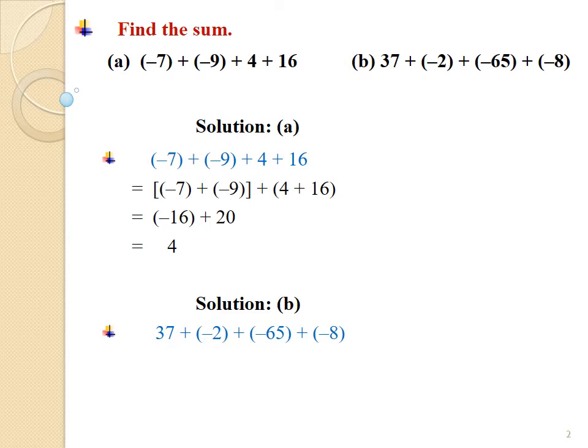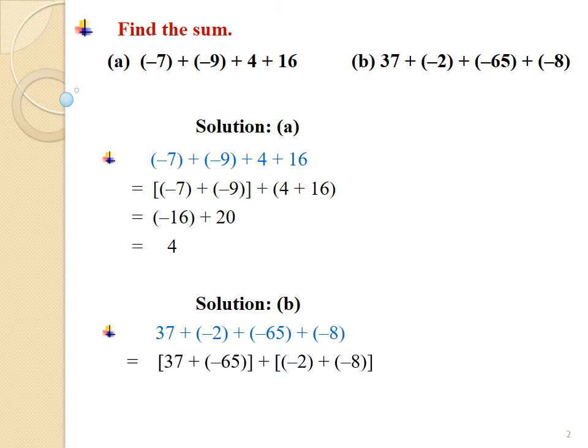Thus, regrouping the numbers, we get 37 plus minus 65 plus minus 2 plus minus 8. Students, note that we regroup one positive and one negative integer, as there are 3 negative integers.